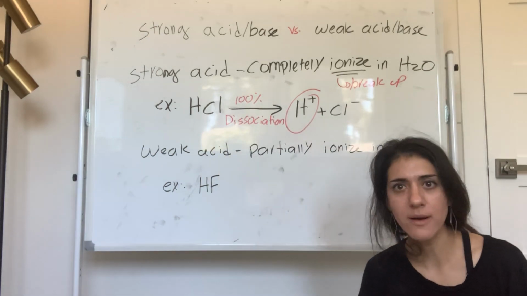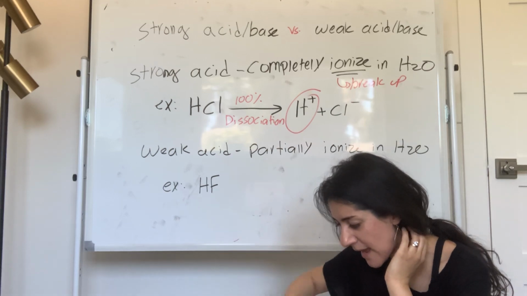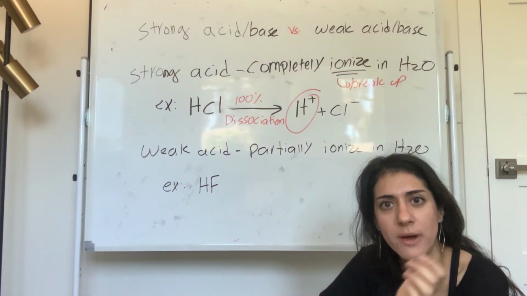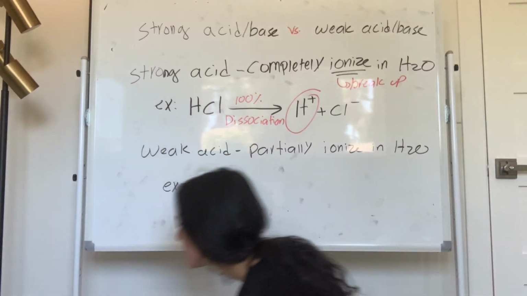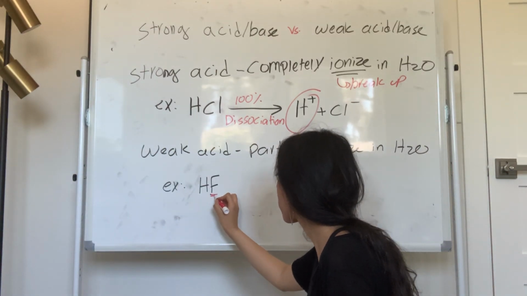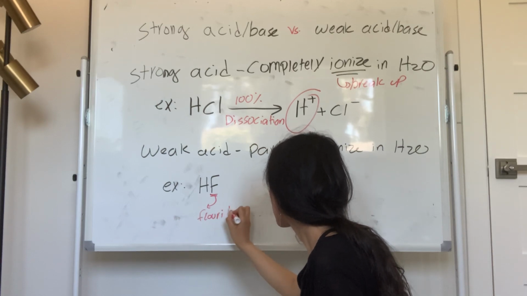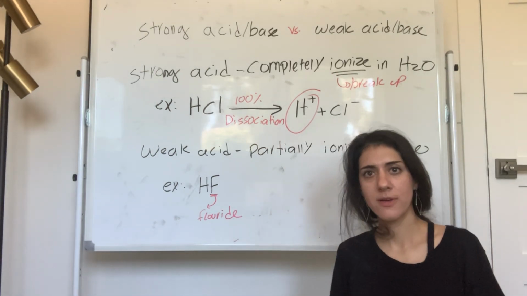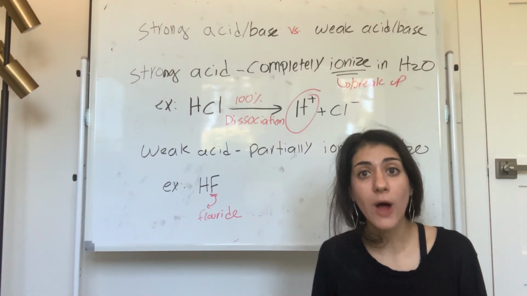Now, before I do this, here's what I need you to do. I need you to name HF for me. Do it right now. I'm waiting for you guys. Okay. So, F, simple ion from the periodic table, is fluoride, right?